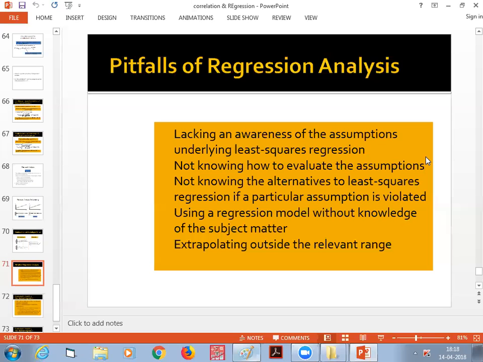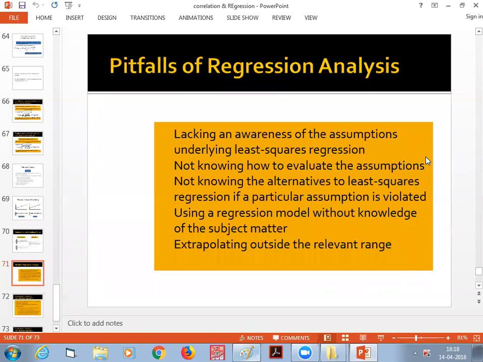Another pitfall is using a regression model without knowledge of the subject matter. Some people will simply use the regression model for every type of data without knowing what it actually is. That is again a drawback of regression. Whenever predictive analytics comes up, the multiple regression model immediately comes to people's minds. And the last one is extrapolating outside the relevant range.